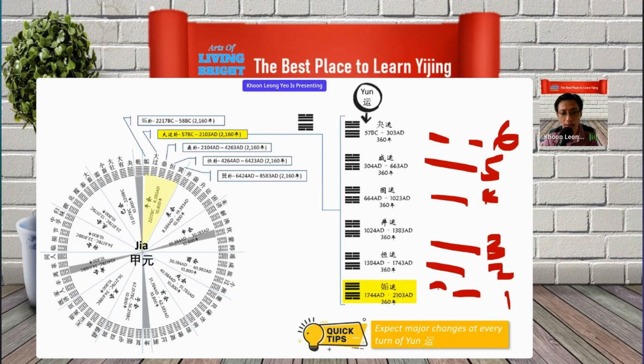By changing line 1, you get 天风姤. By changing line 2, you get 横卦. Changing line 3, you get 井卦. Changing line 4, you get 坤卦. Line 5, you get 咸卦. And then we change the last line, you get 拐卦. Each of these 卦 will govern 360 years.